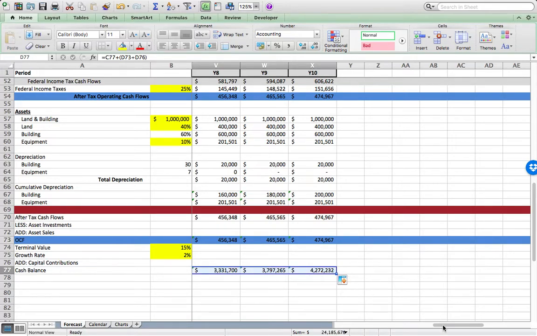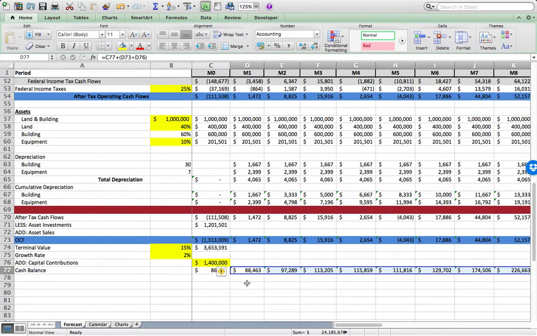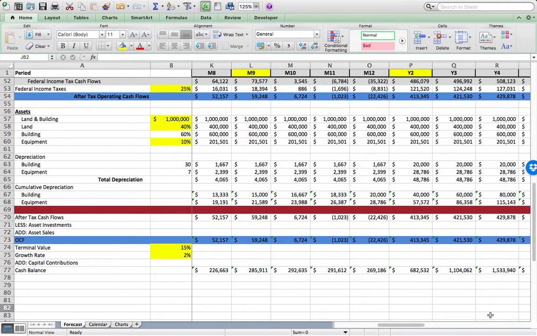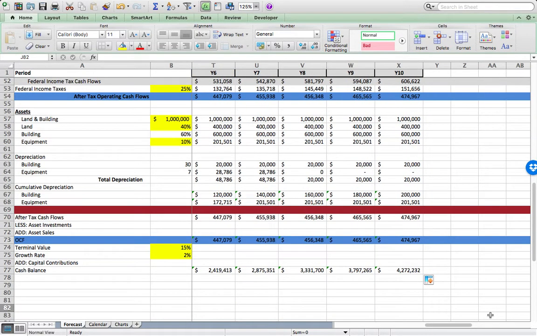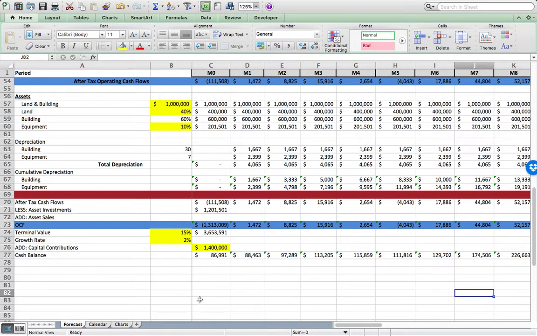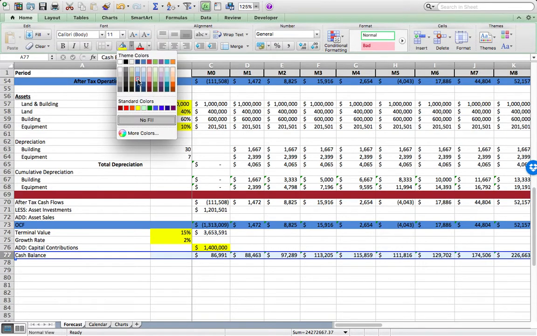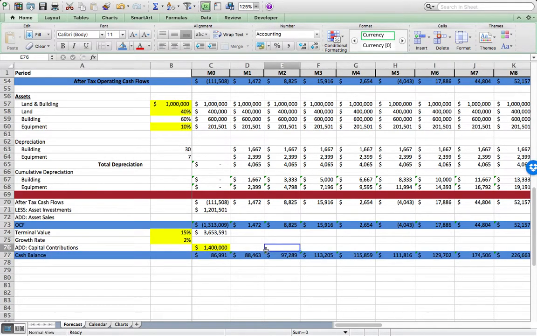All right? And what you want to do is look and make sure that as you do this, you have no negatives. Obviously, it looks like we don't. And in fact, you're starting to build up a whole bunch of cash there. I will tell you that ordinarily in a business, you wouldn't do that. You would start to do some distributions.